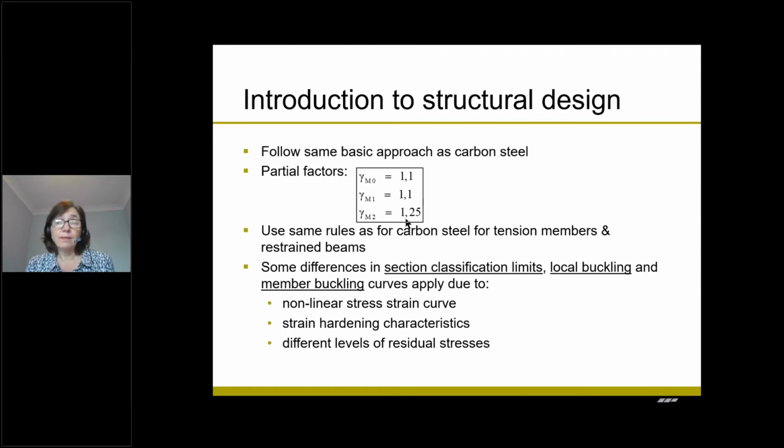So this slide summarizes what I've already said. Same rules for tension members and for restrained beams, but there are some differences when it comes to the section classification limits and the buckling, whether it's local buckling, flexural buckling, or lateral torsional buckling.